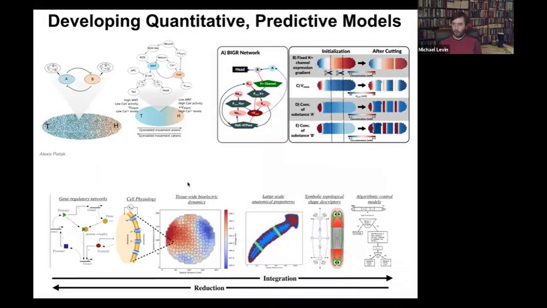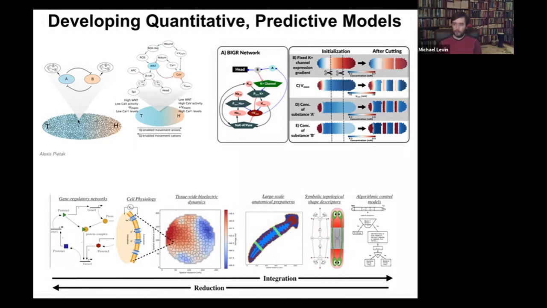For that reason, we've made the simulator, which was created by our center member and collaborator, Alexis Pytak. It allows us to build models of both molecular networks like GRNs together with the various biophysics steps that happen.